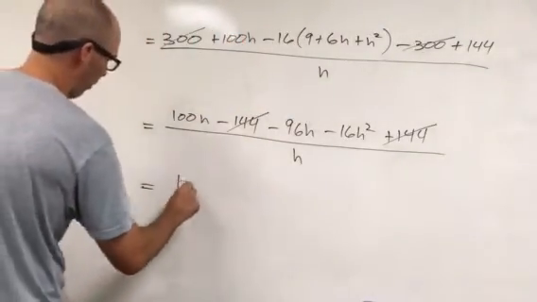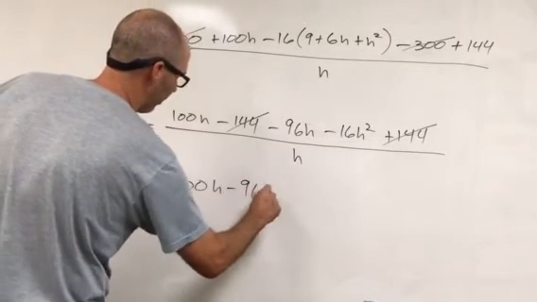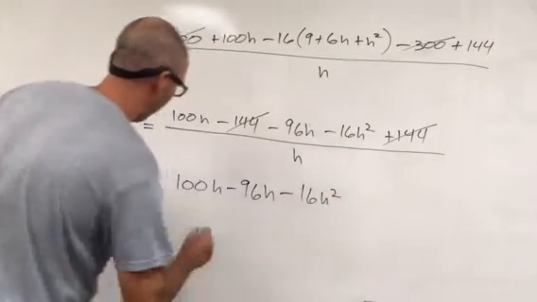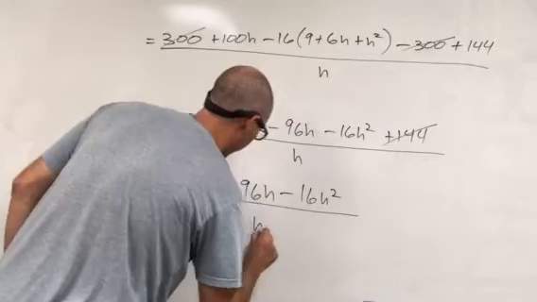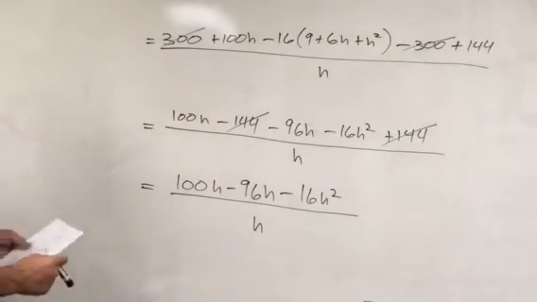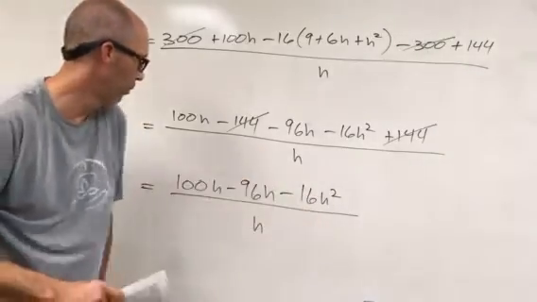So then we have 100h minus 96h minus 16h squared all over h. At this point you might realize that you can cancel this h here, here, and here.